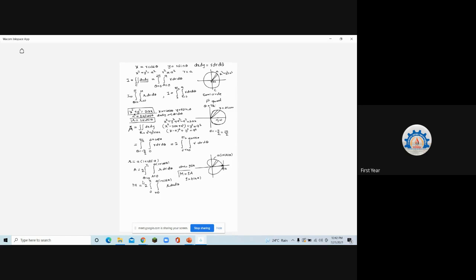Yesterday I told you, mass is rho A. So mass will be the same integration, only the density function will appear. समझ में आ रहा है क्या? There are particles, so they will have some mass, which will be obtained with the help of density. So rho will come into the picture, and the area will be given by dA. So integrating it, I'll get m is equal to the same integration, only with the density function, which is f of r comma theta.